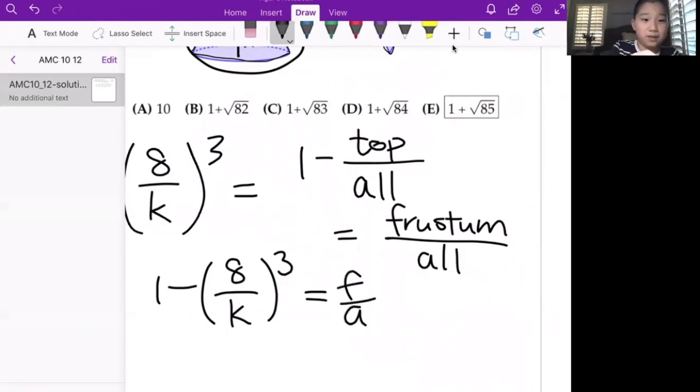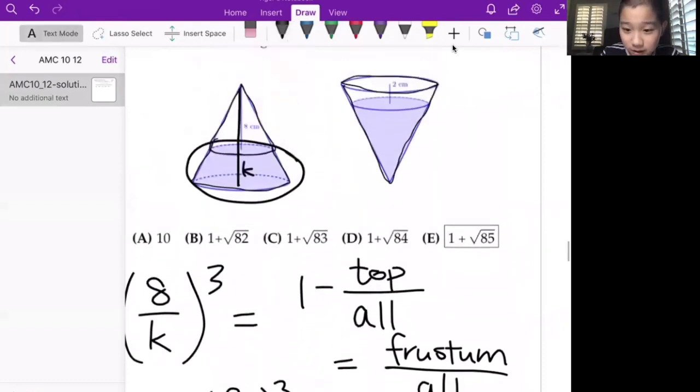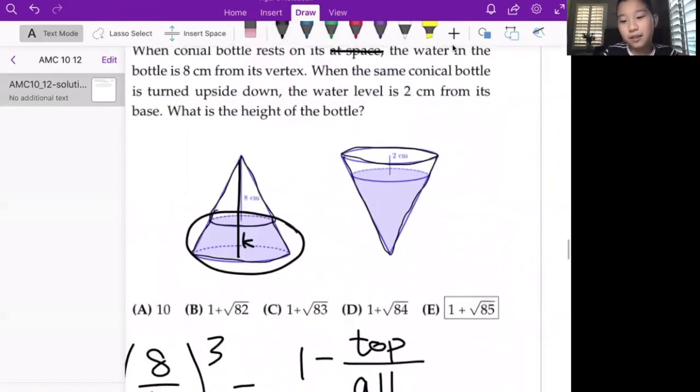Just write it as F over A. And then the other picture, we see that there is a 2 centimeter gap probably. So this is again K, and this would be K minus 2.